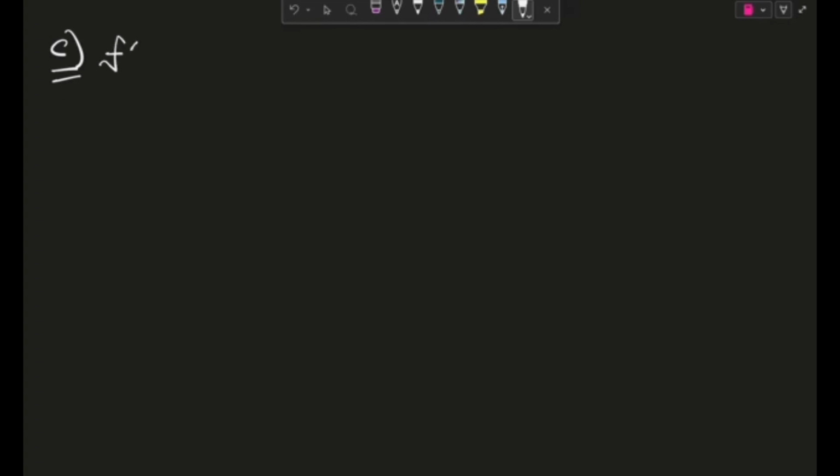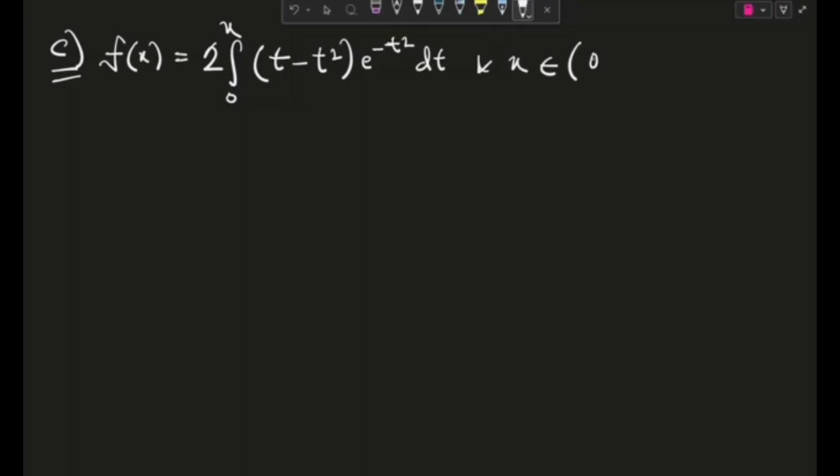So let's write out f(x), which was given, we had found rather, 2 times the integral from 0 to x. And because x is positive, we don't need to write mod t, we can directly write (t minus t squared) e^(-t squared) dt. And I will also write x belonging from 0 to half.